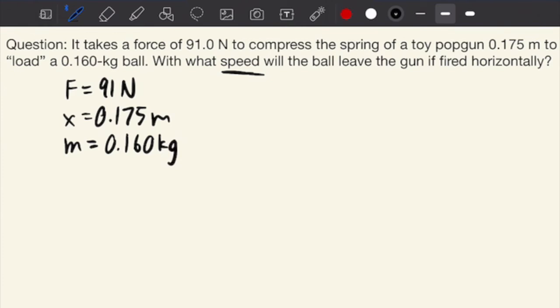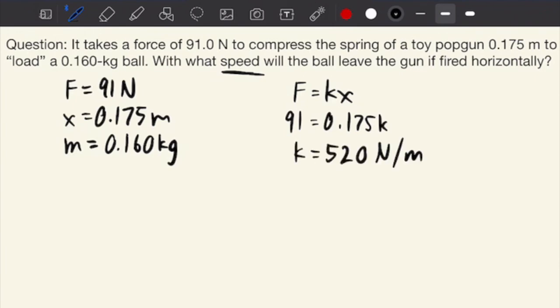Now, in order to find the speed, we know that we have to use the kinetic energy equation, which is 1/2 mv squared, in which we're trying to find the v. But before we try to find v, we have to find the spring constant first by using Hooke's law, which is F equals kx, in which in this case we can ignore the negative sign. Now we're just going to solve for k.